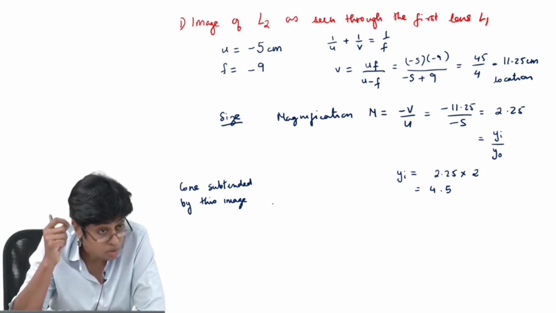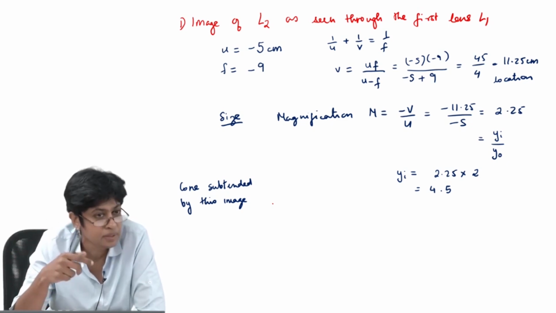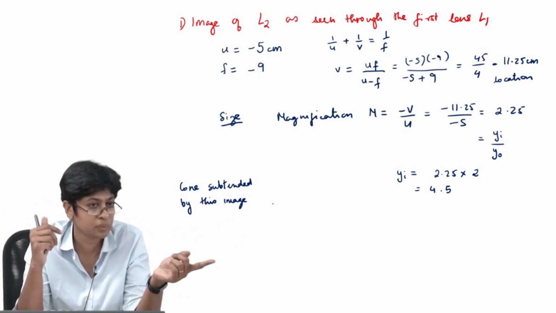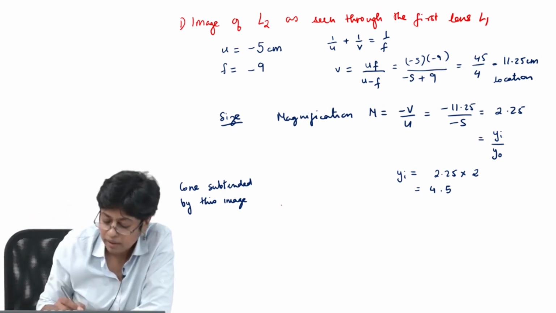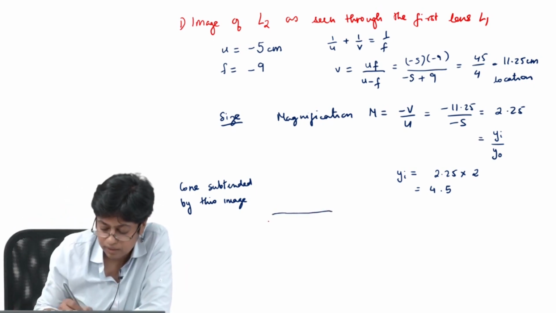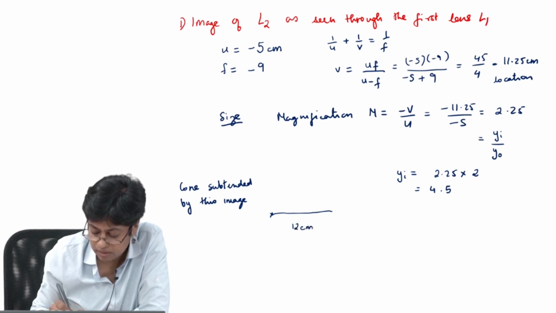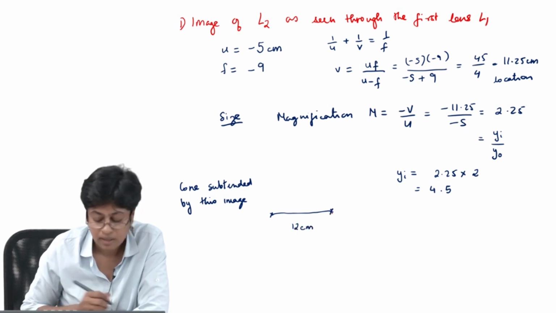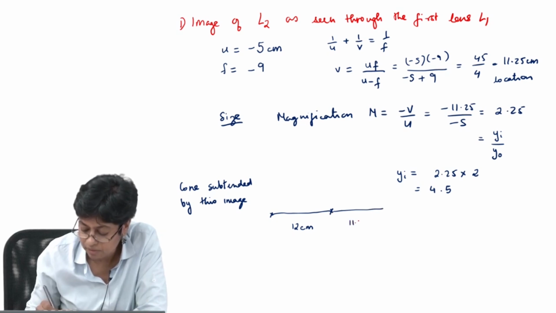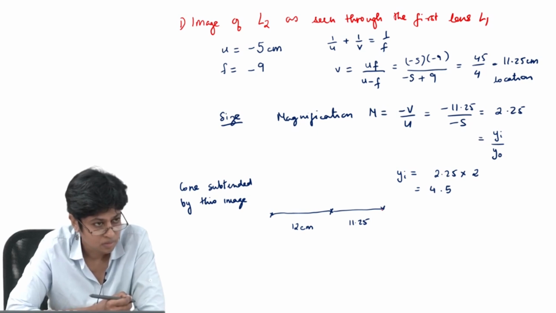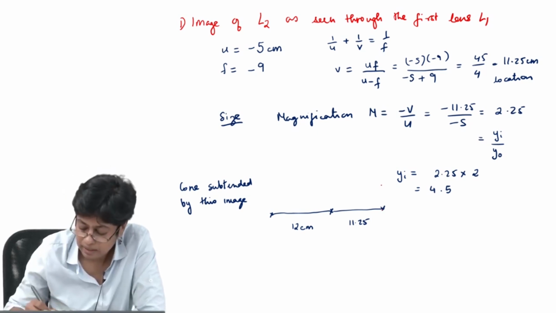Okay. So, the object in our overall system was located 12 centimeters away from the first lens. So, the angle I need to find is: I have an object here, then 12 centimeters to some point, and then another 11.25 centimeters to this image of the first element, and I have 4.5 centimeters.